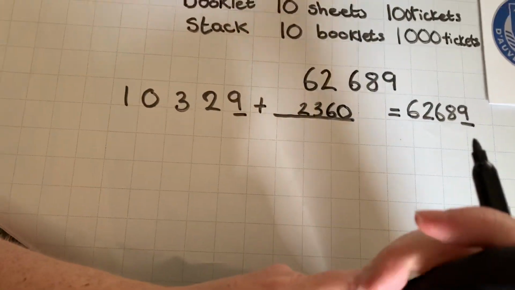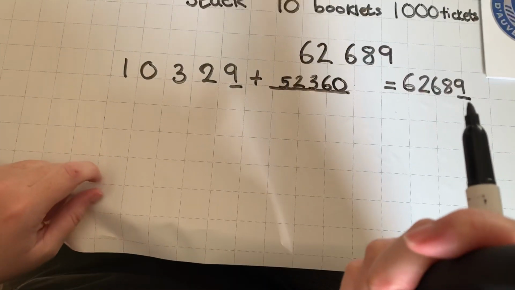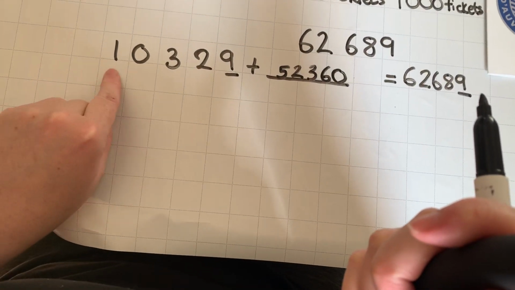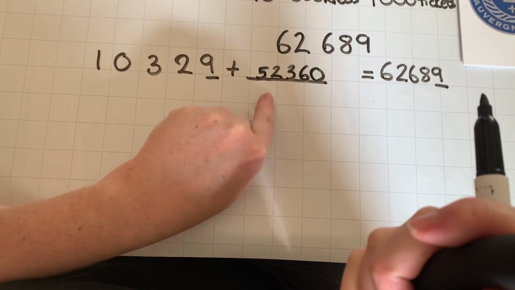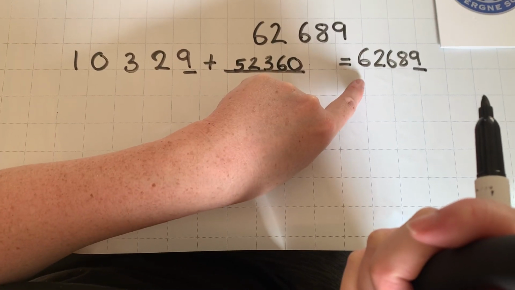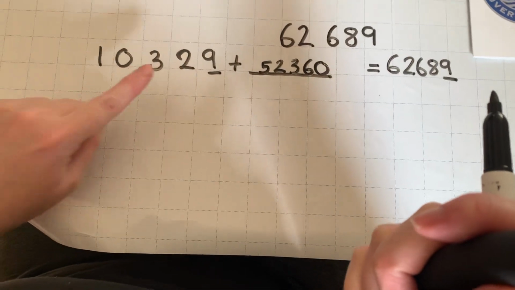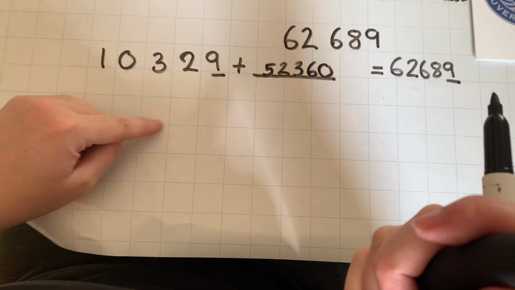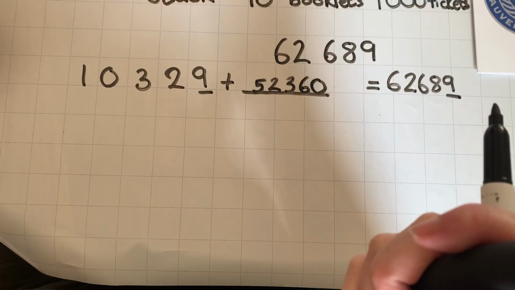That gives me 5 10,000s. This is showing that if I have 10,329 and I add 52,360, then I should have 62,689. And I've worked that out by moving up my place value and counting on to get to the next number. That's how I would work it out.